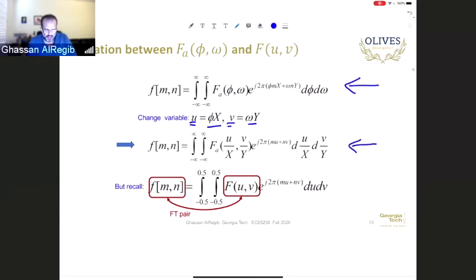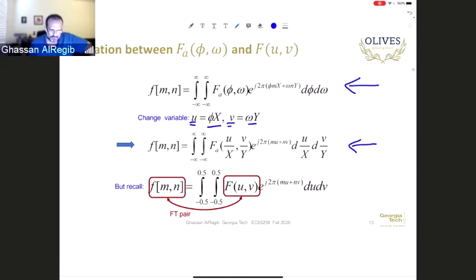So now I have an equation in the middle that has, on the left-hand side, my digital signal f of m and n, and on the right-hand side, a double integral. And the main function I have there is the Fourier transform of our analog signal.